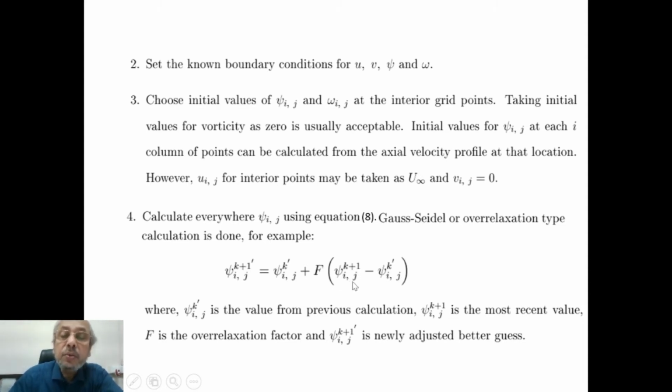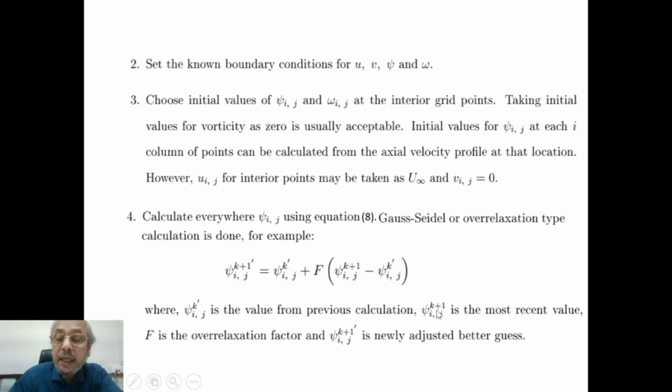But since we are accelerating the calculation, we are saying psi ij k plus 1 prime is the most updated value. So old value plus over relaxation factor multiplied by new value minus old value. Psi ij k prime is the value in the previous calculation or the previous level.